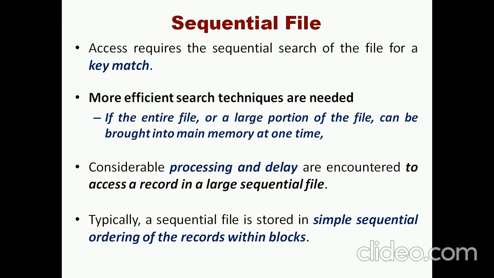If we need more efficient search techniques to search the entire file or a larger portion of it, we need to bring the entire file into main memory at a stretch and then use effective searching techniques to identify the record. This leads to considerable processing and delay, which is the major reason performance is degraded in sequential file systems.